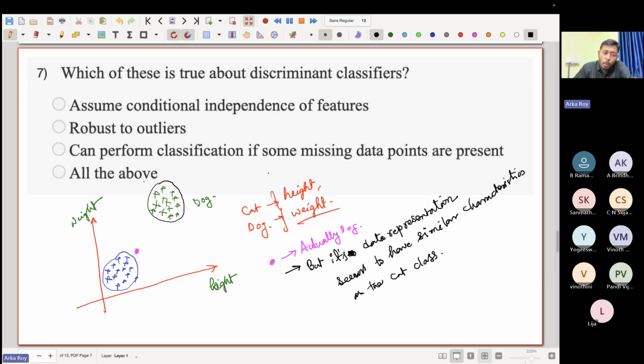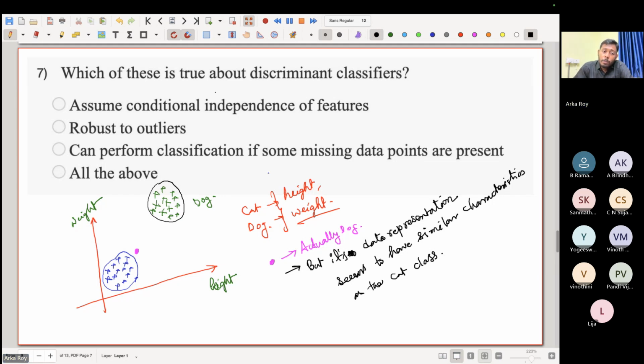Therefore, if you plot the Chihuahua dog's data in this two-dimensional feature plane, with respect to height and weight, you will see that as its height and weight is not that high, it will lie in the vicinity of the point clusters of the cat class.